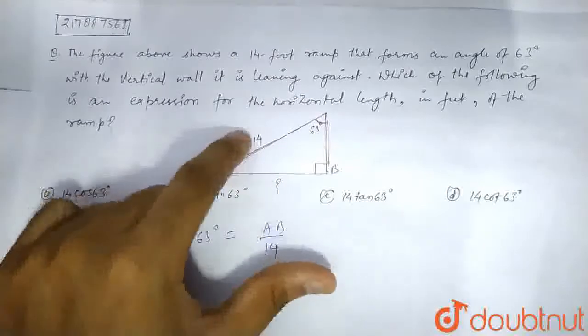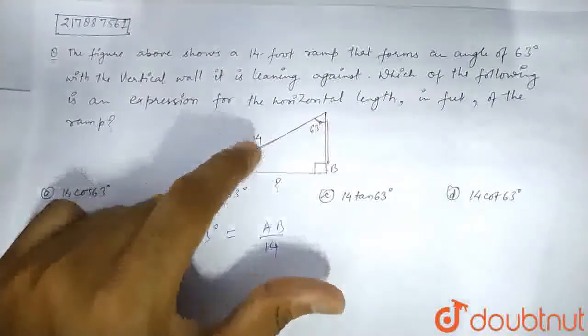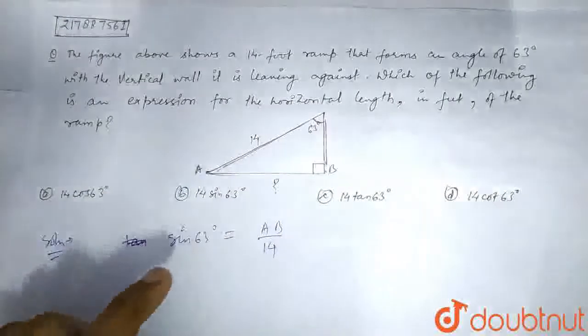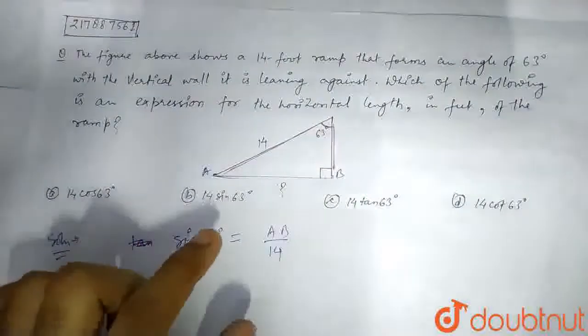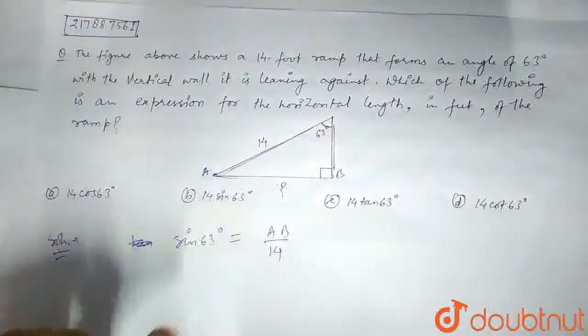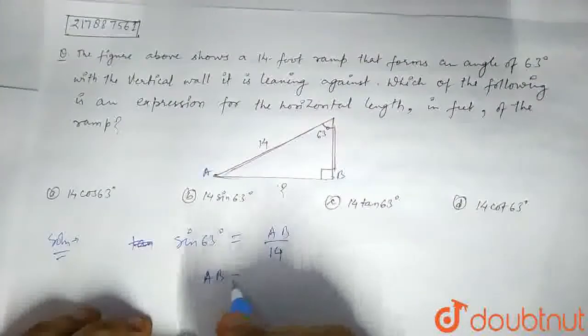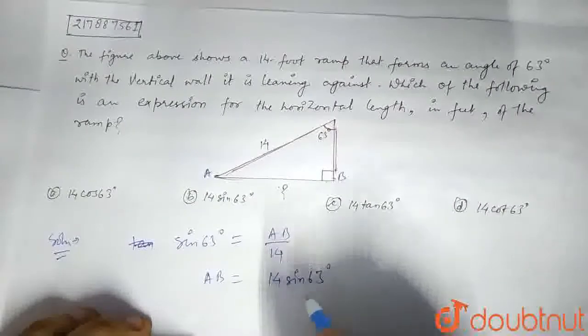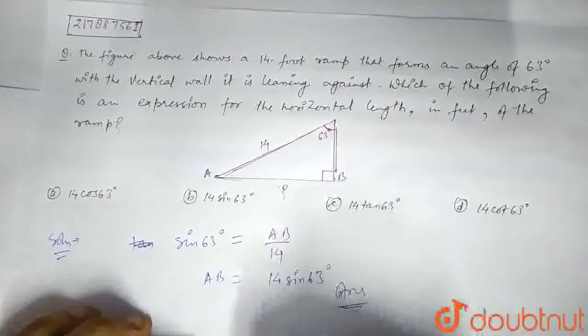Okay, and as we know that this is the hypotenuse, so this one is perpendicular, this one is hypotenuse. So now, actually we have to find the horizontal length, which is AB. So to find the length of AB, it is 14 sine 60 degrees. This is our answer. It's a very easy question.